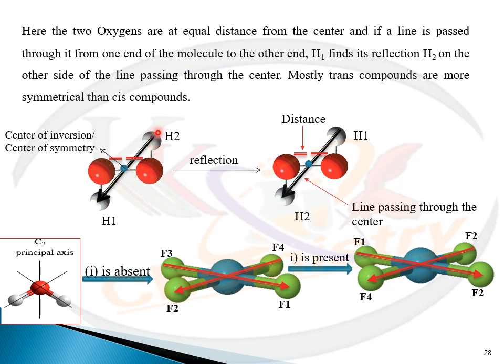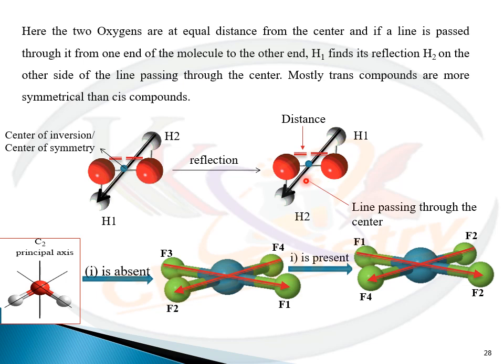If you draw a line from H2, it passes through the center of the molecule and reaches a point where the same atom exists, just like a reflection of this atom. So these two atoms reflect each other. It means symmetry exists, just like an exchange of atoms takes place.